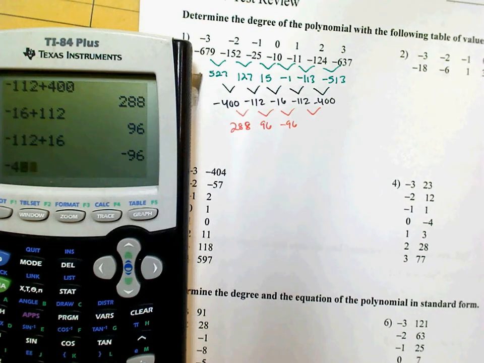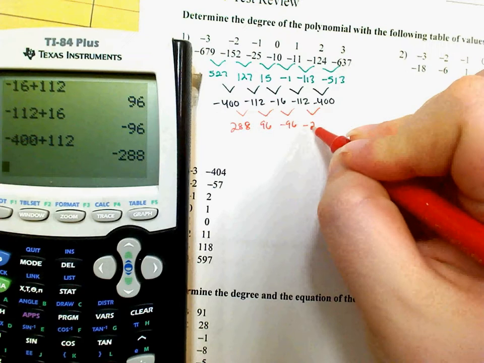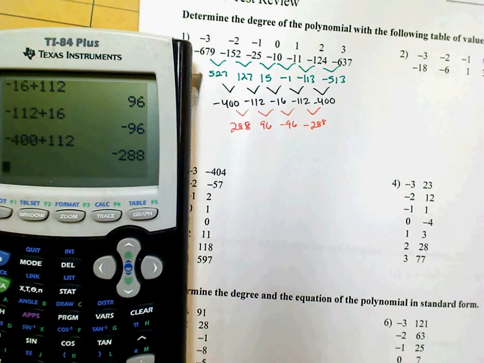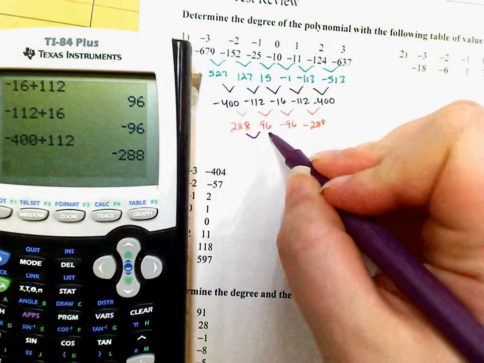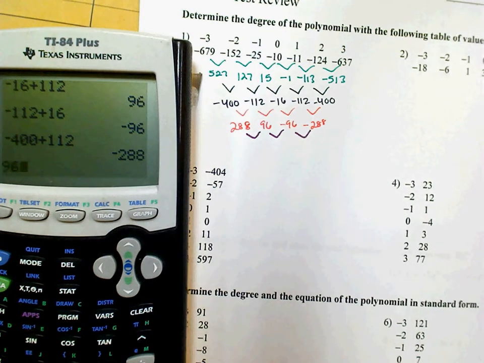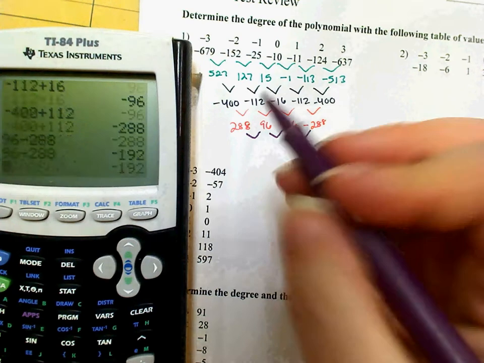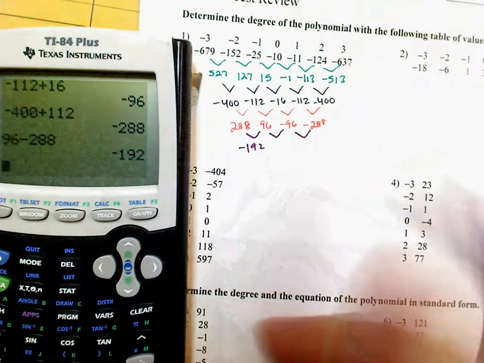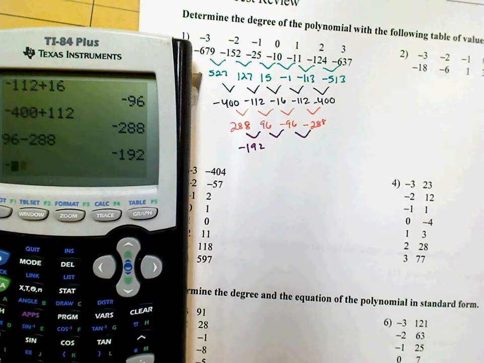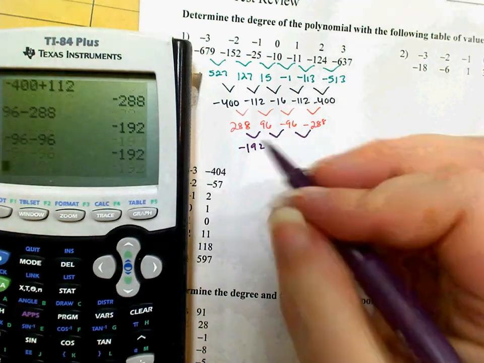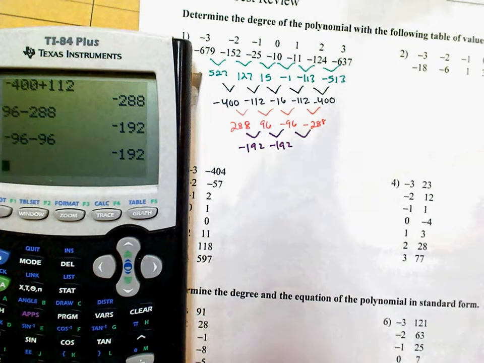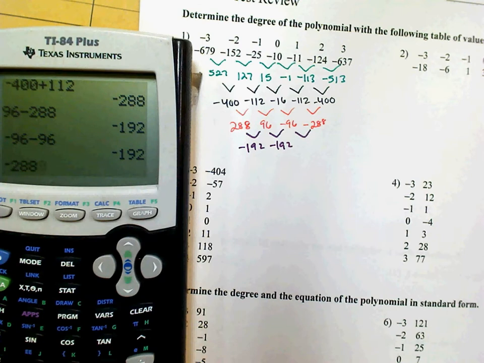And negative 400 plus 112 is negative 288. And this might be the last one. 96 minus 288 is negative 192. Negative 96 minus 96 is negative 192, and negative 288 minus a negative 96, or plus 96, is negative 192.